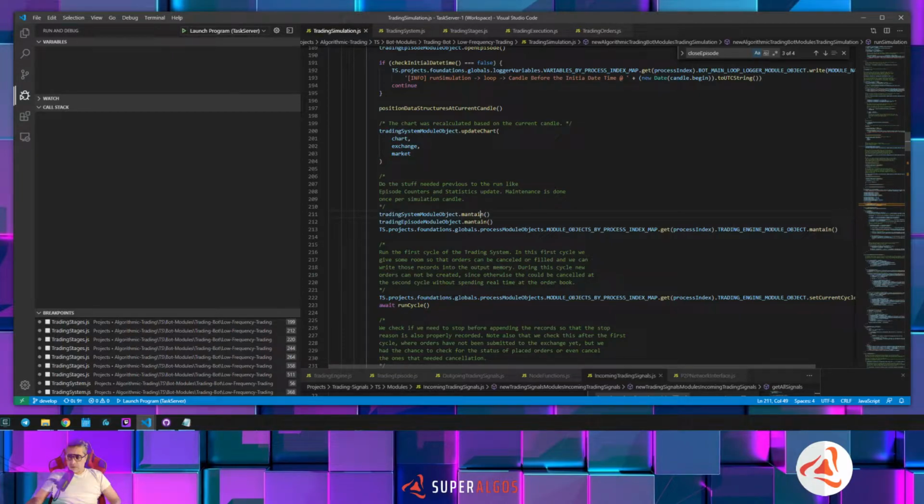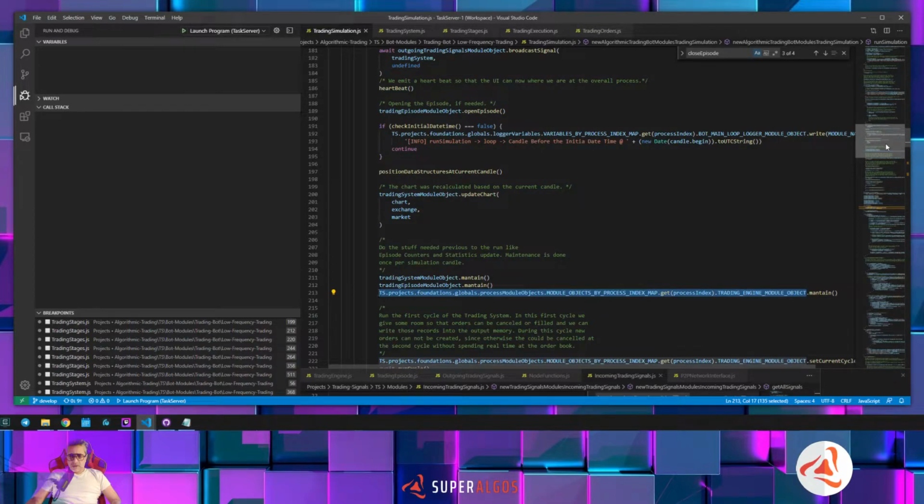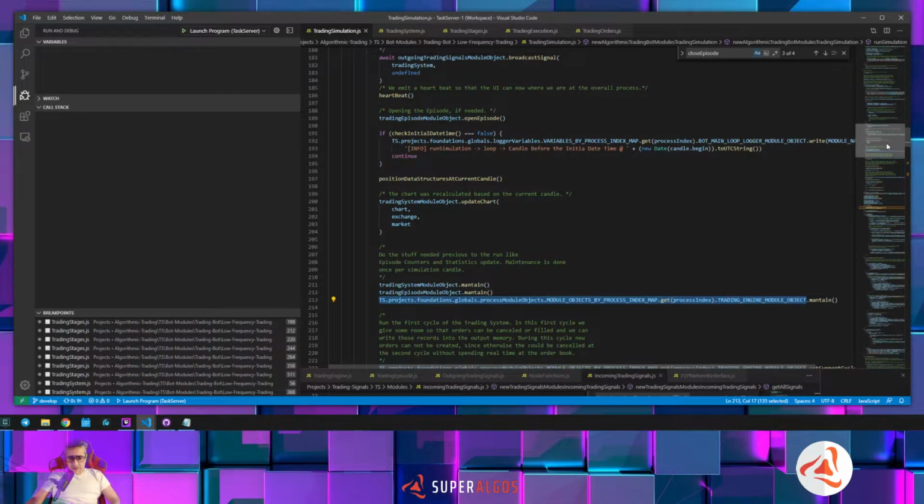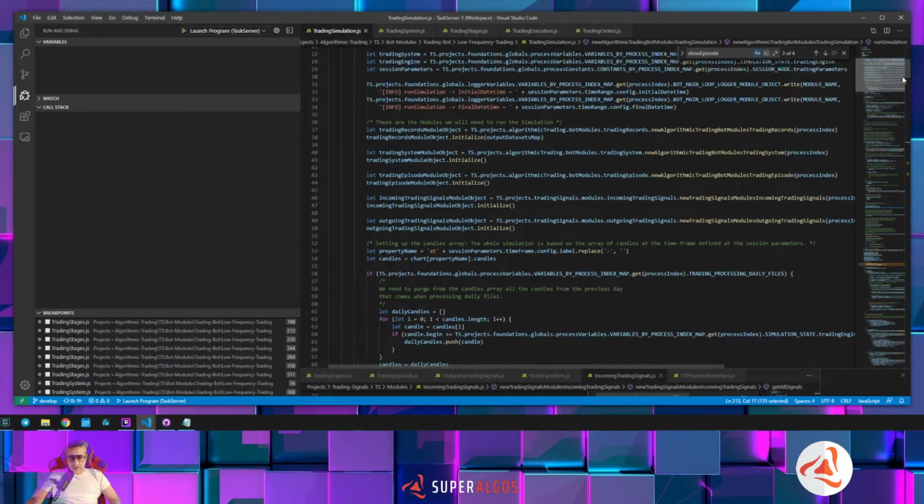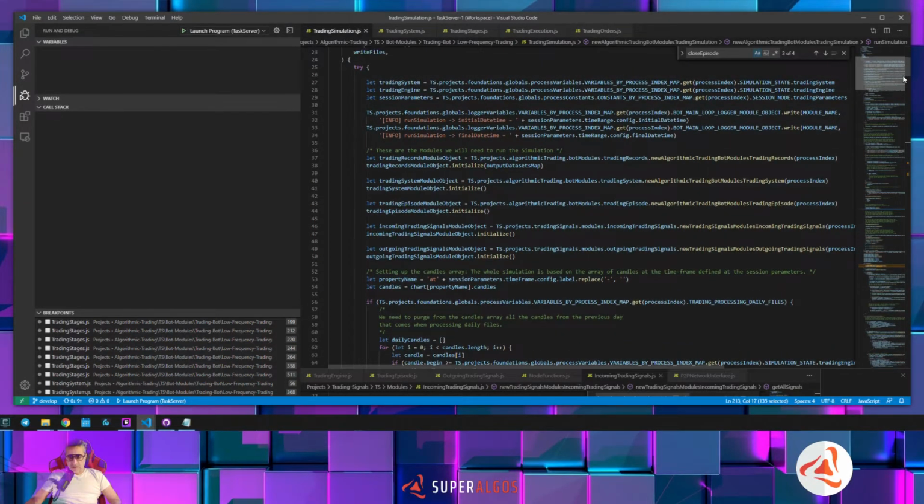I'm wondering why here we are using this long version of the module and not the trading engine module. I know I am sidetracking now, but I'm pretty sure there is a trading engine module.